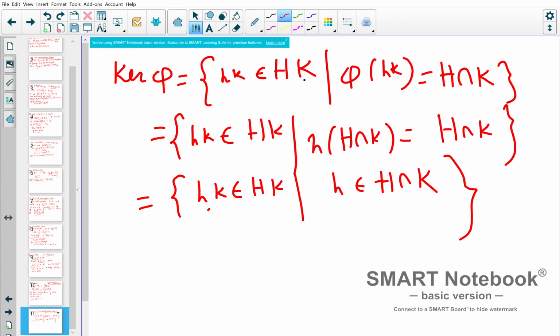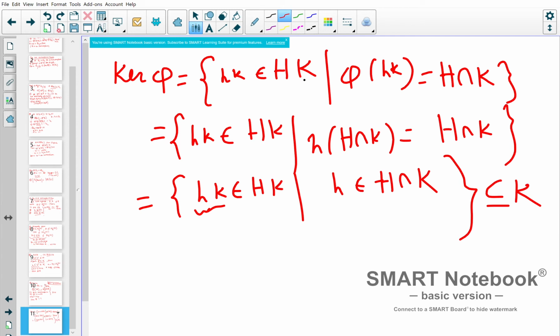So the kernel of phi contains all those products hk such that k is an element of K already, I know, and h is also an element of K. So hk is an element of K. So this product is a subset of K. That is clear, right?